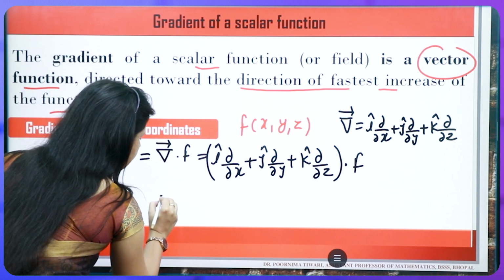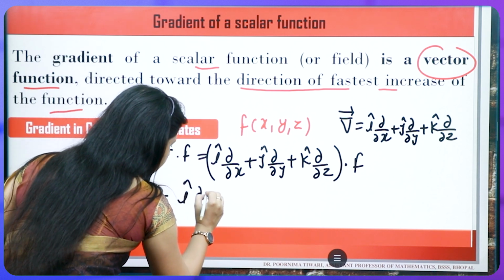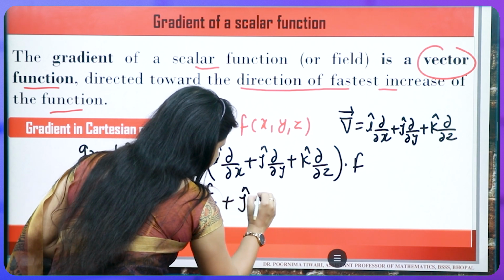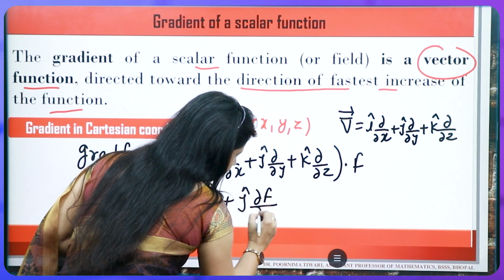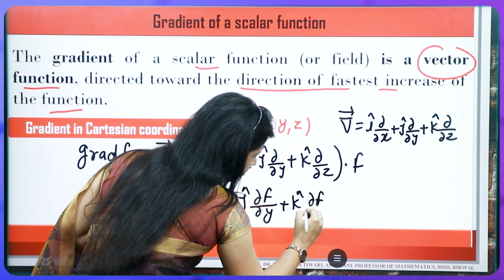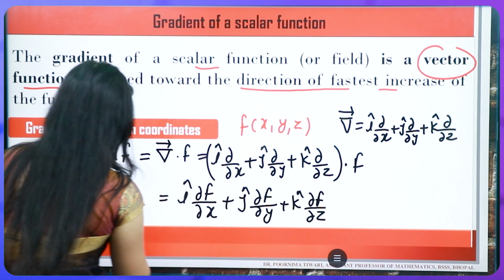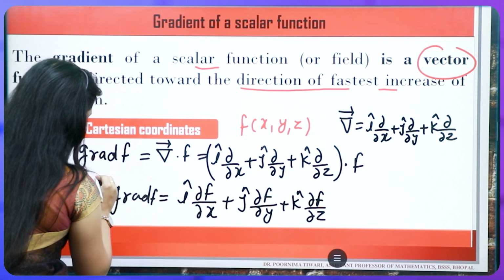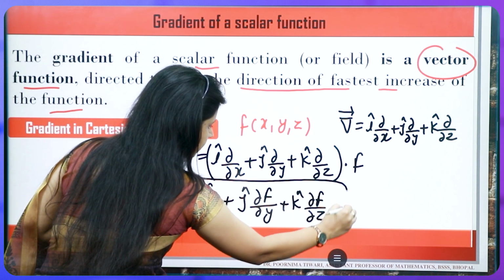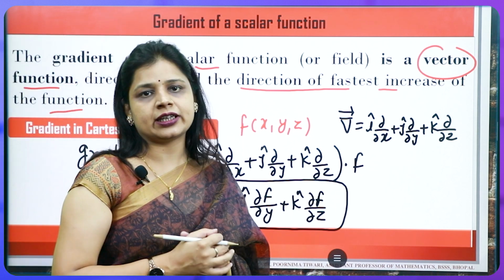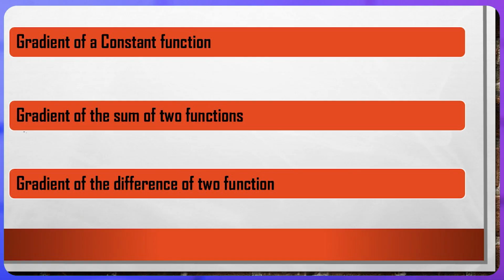That is, we will get i cap del f by del x plus j cap del f by del y plus k cap del f by del z. This is the formula to calculate gradient of a scalar function f. There are some properties for gradient of a function.